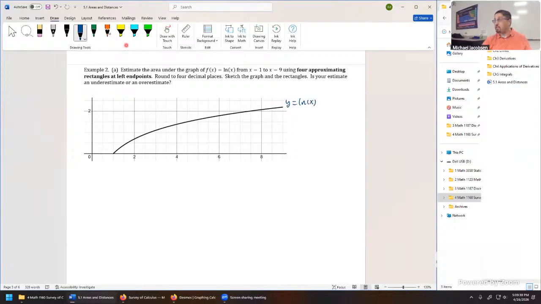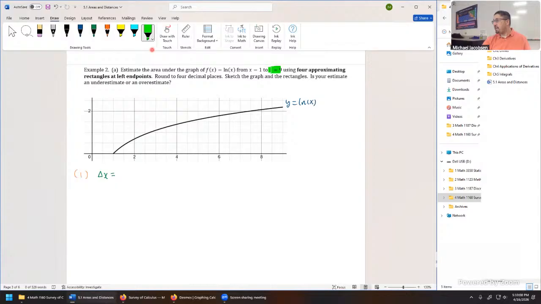Next thing we want to do in this process, in step one, is eventually sketch the rectangles now that the graph is there. In order to do that, we need to know the width of those rectangles. So this is the next component, delta x.